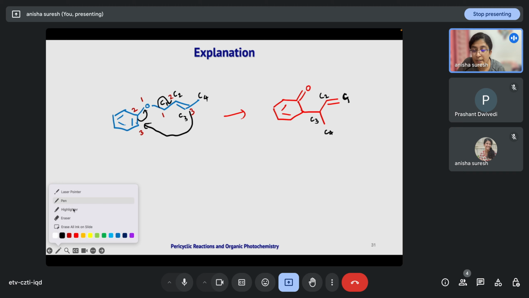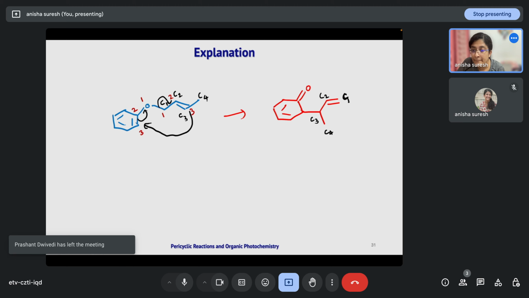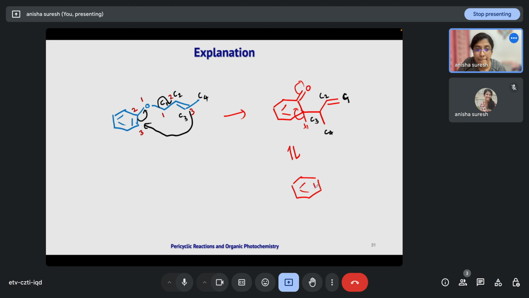And for regaining aromaticity, this ketone will tautomerize, resulting in the formation of phenol, OH.